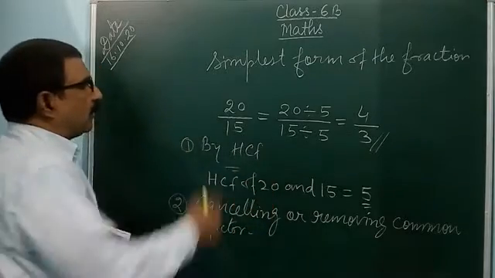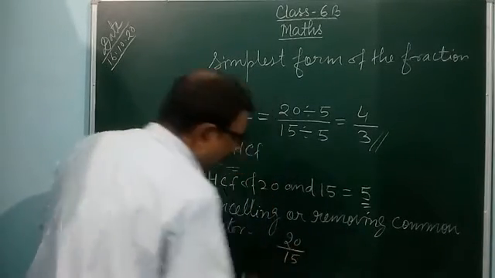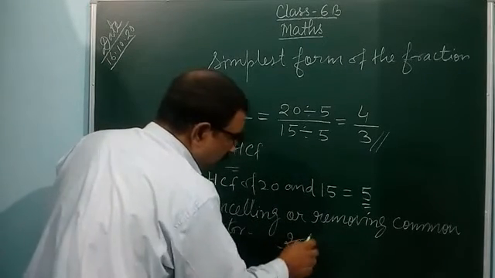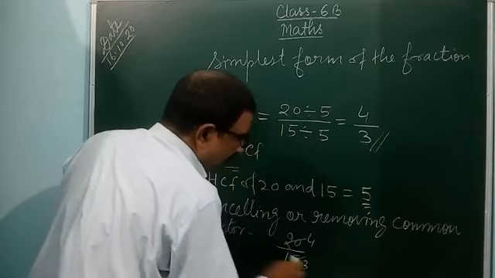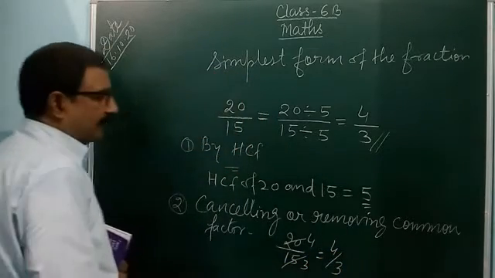By this method you can do directly, 20 by 15. It means by 5 both are divisible, 5 fours are 20 and 5 threes are 15. So 4 by 3, it is done.